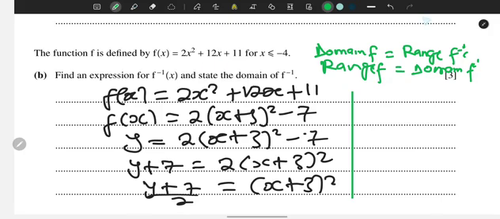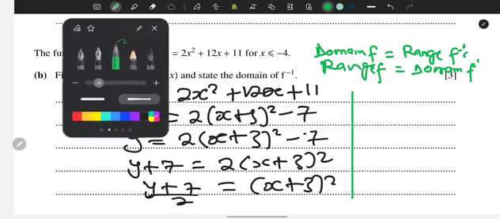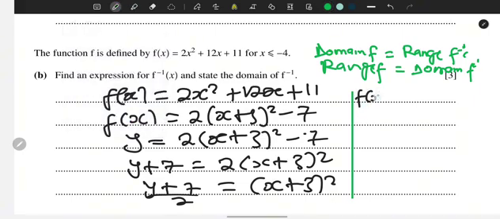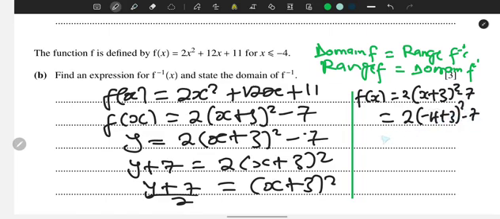Now to get the range of f, don't forget we have here that f of x is 2 in bracket (x plus 3) squared minus 7, and x is less than or equal to minus 4. So you put minus 4 here. When x is minus 4, you have 2 times (minus 4 plus 3) squared minus 7. Minus 4 plus 3 is minus 1, minus 1 squared is 1, so 2 times 1 minus 7.